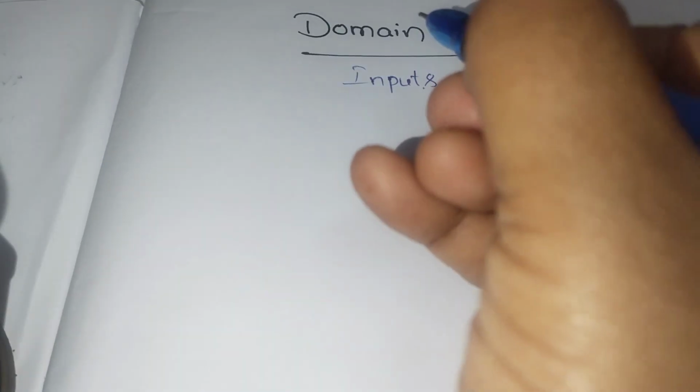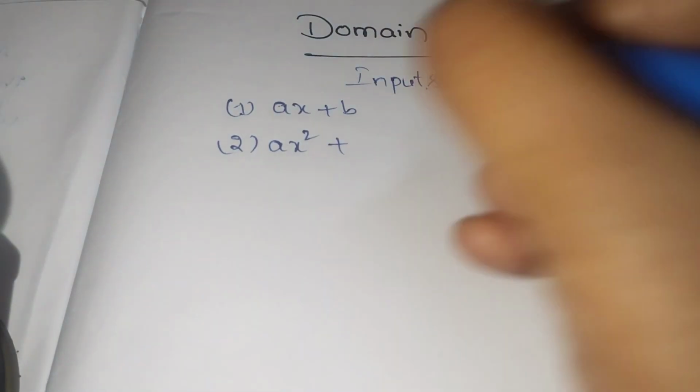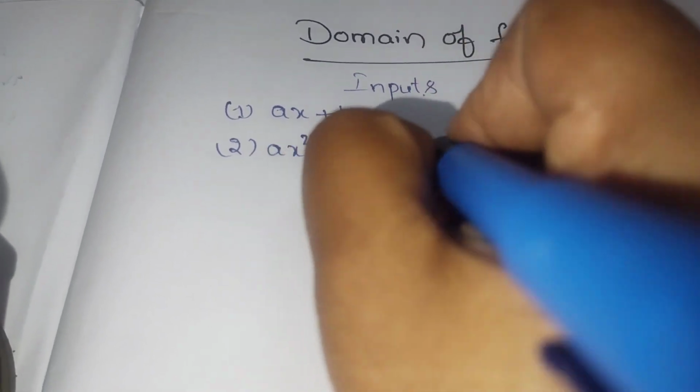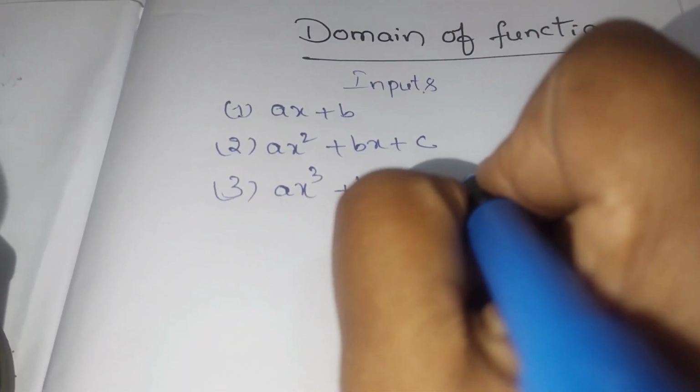The standard domains for functions like a simple polynomial, that is ax plus b, and one more when it has power 2, ax square plus bx plus c, or like power having 3, like power having 4, like that.